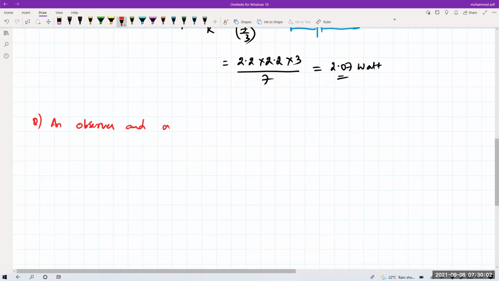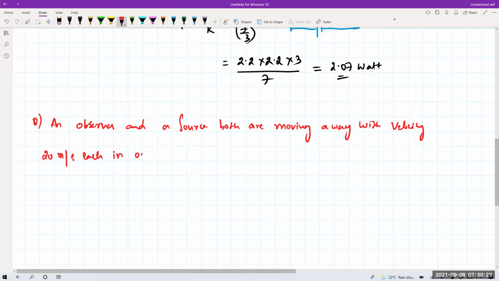An observer and a source. An observer and source both are moving away with velocity 20 meter per second each in opposite direction.